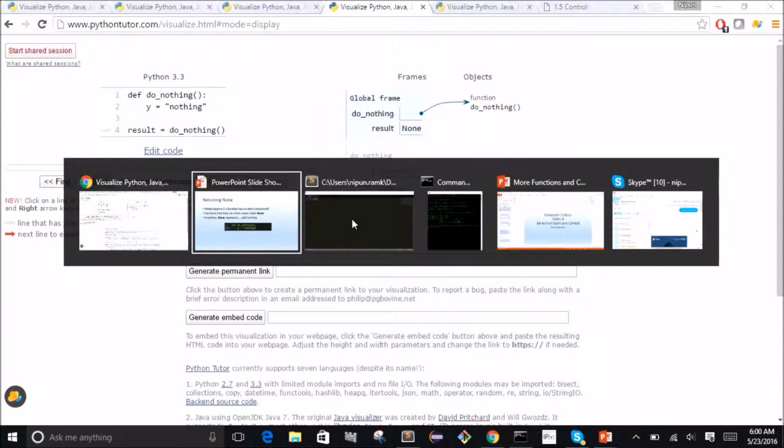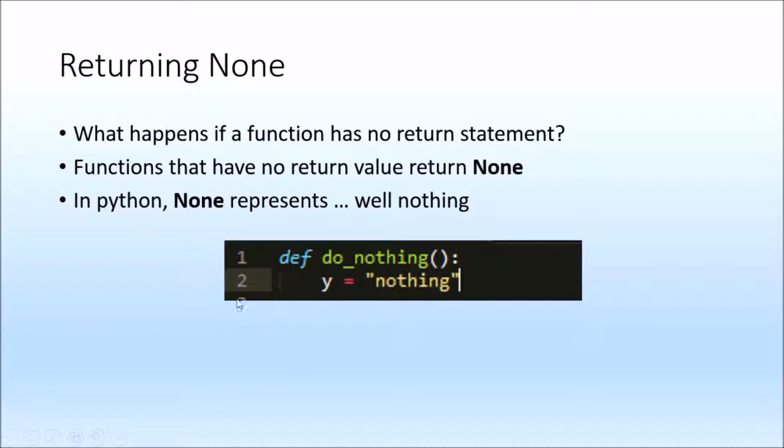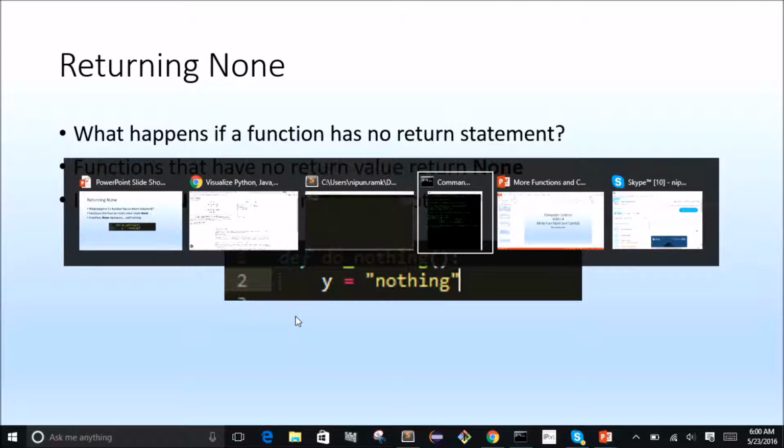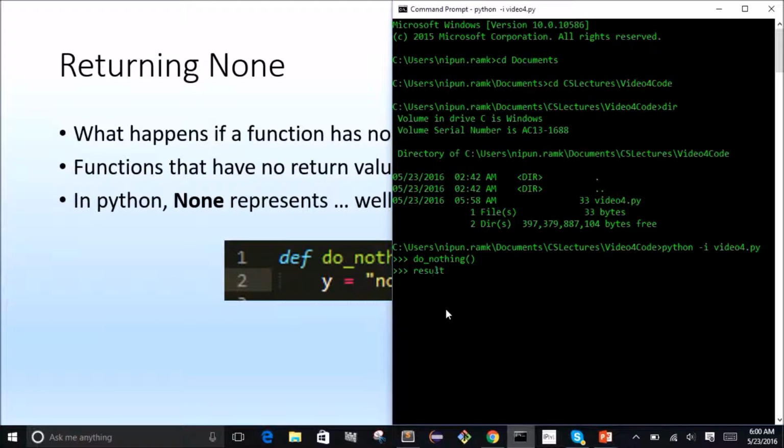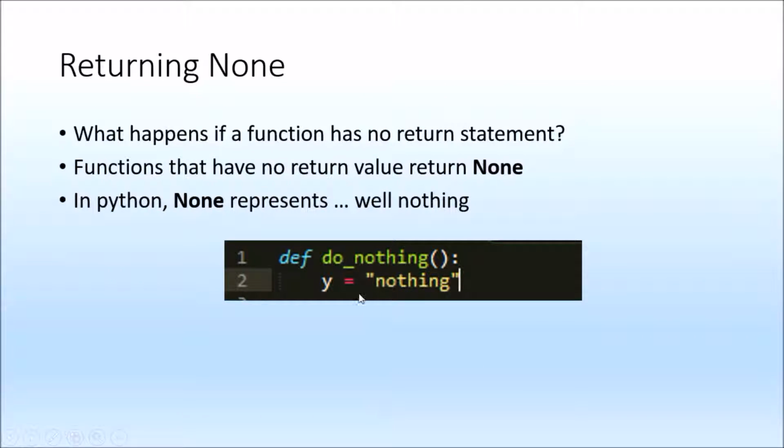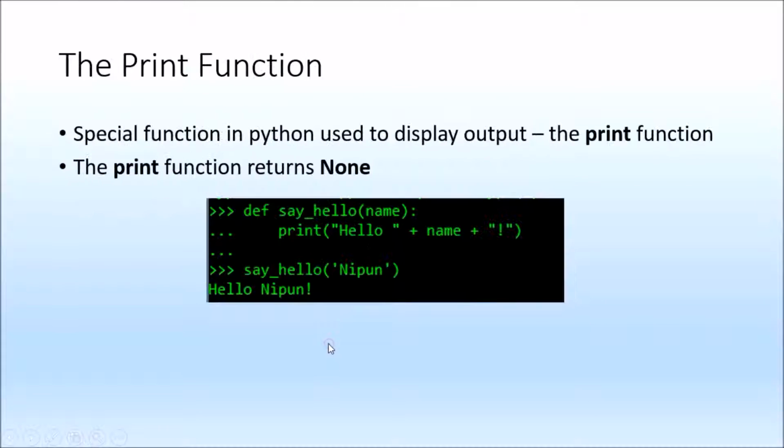And None is a little tricky because, for example, if I did result is equal to do_nothing, and I try to evaluate result, nothing's going to display. It's not going to print out None. It's just going to do nothing. Okay, so that's a little bit tricky part of working with None.